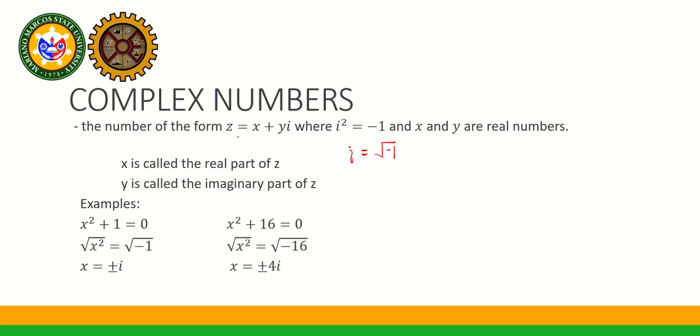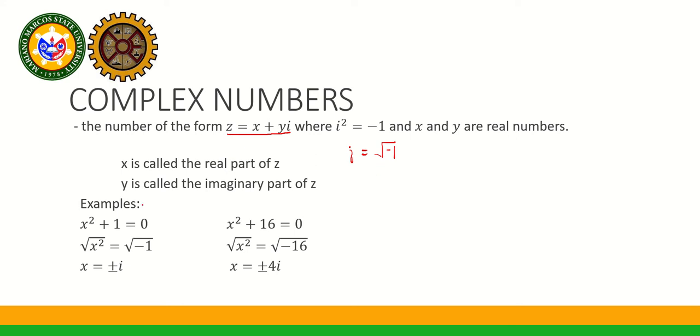Okay? So, ito ngayon yung form ng ating complex number, x plus yi. x is called the real part of z, and y is called the imaginary part of z. Imaginary na kapag merong ganito sa inyong numbers.